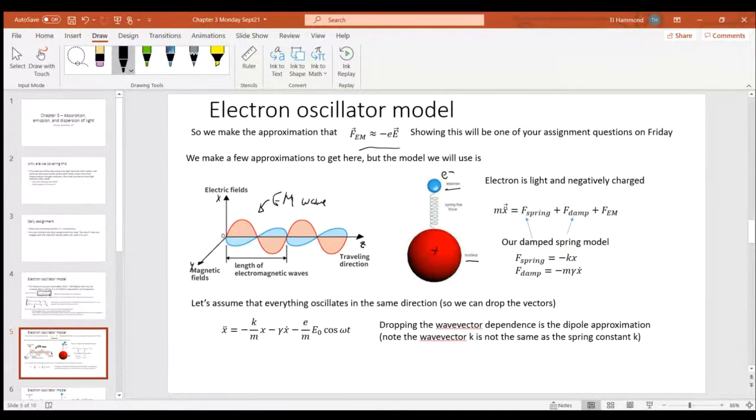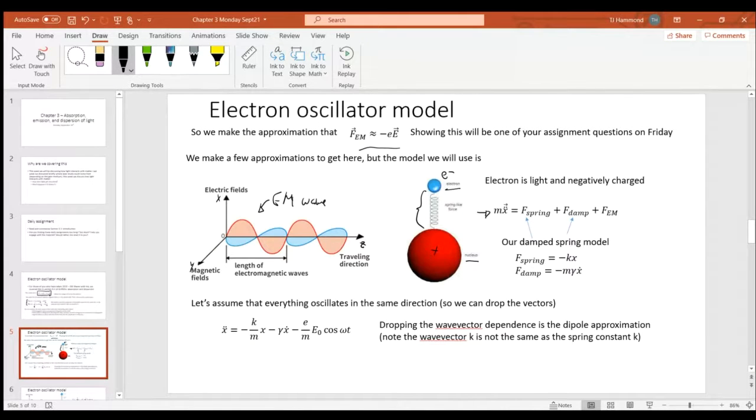So we have this electron, it's negatively charged, it's now in this electromagnetic field. This electric field is proportional to this force, and so what we want to know is what the motion of this electron is. And so we put it in Newton's laws, and we say ma is equal to the total of the force of the spring, the force of damping, and this electromagnetic field. So the force of the spring will depend on what this electron orbital is.